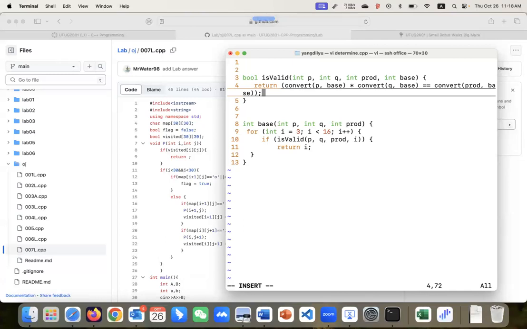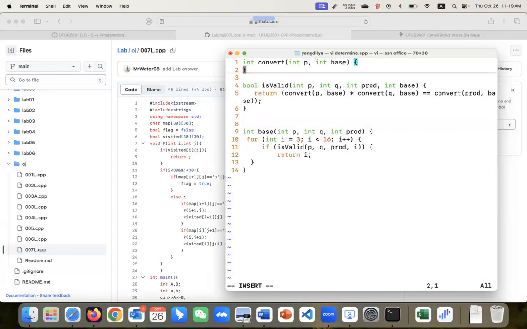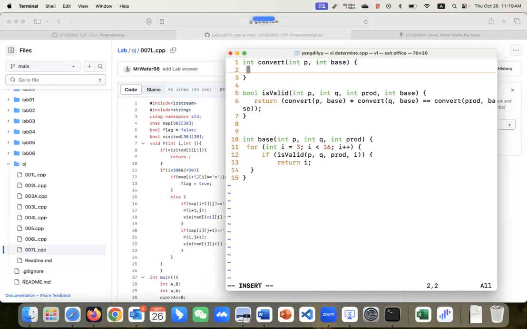How about doing the remaining work? Maybe the hardest one is convert. Convert an integer number based on a base, right? How can we convert it into a decimal number? You need to separate out P into digits 1, 2, 3, 4. So what you can do is, how about I split them?